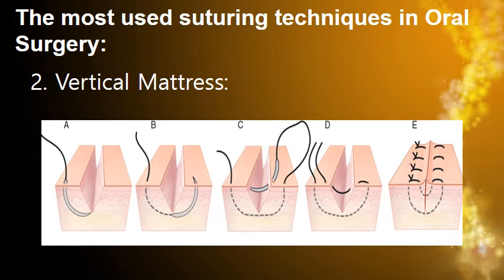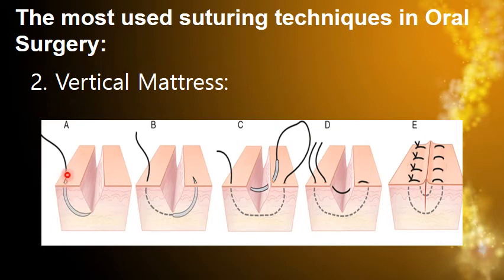In the vertical mattress suture, I will have it pass through two levels, through the deep level and through the superficial level. So when I have a deep incision, this vertical mattress suture will help me in closing it effectively.